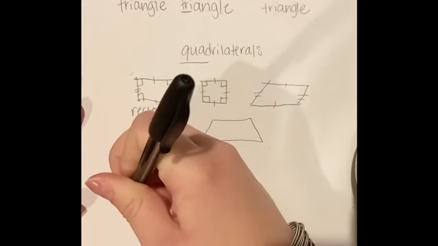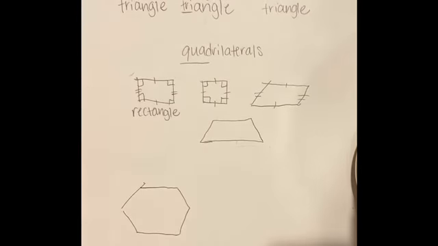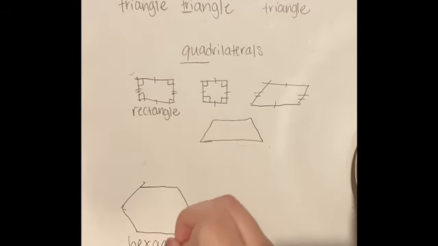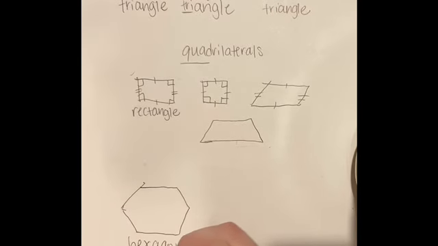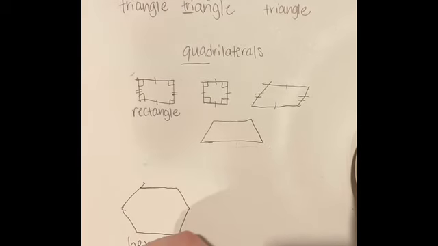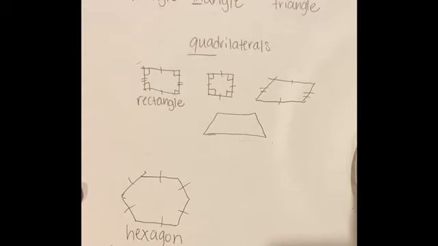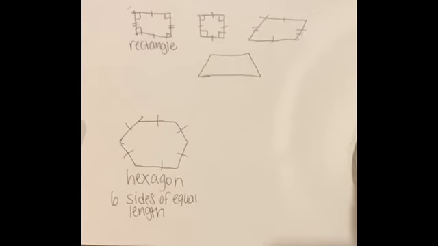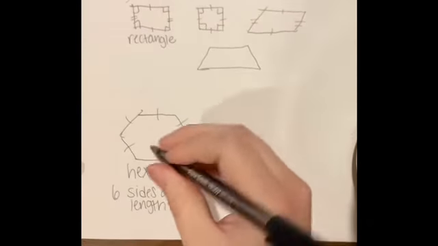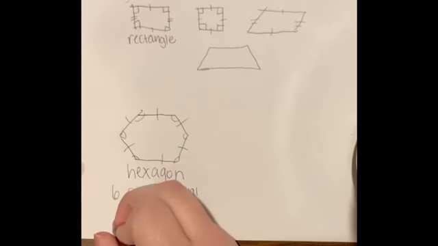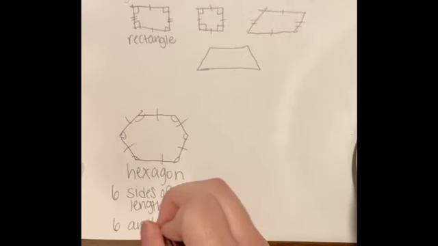Not the best drawer, but it has six sides of equal length. So my drawing's not the best, but they're all the same length. And then it has six angles.